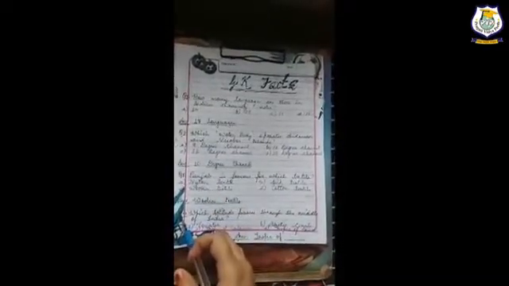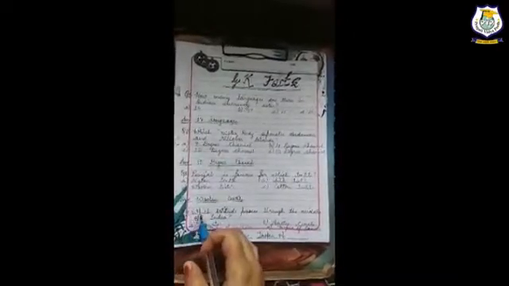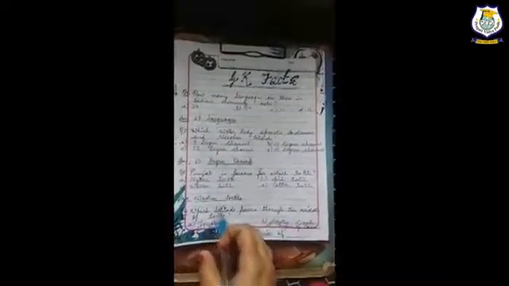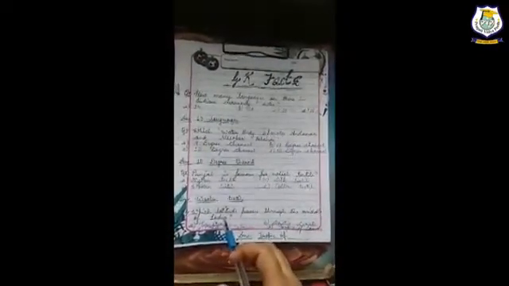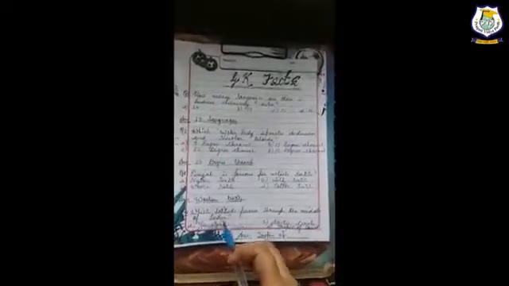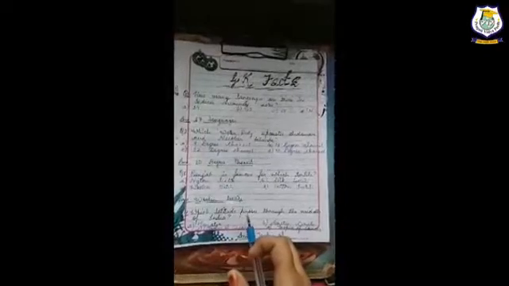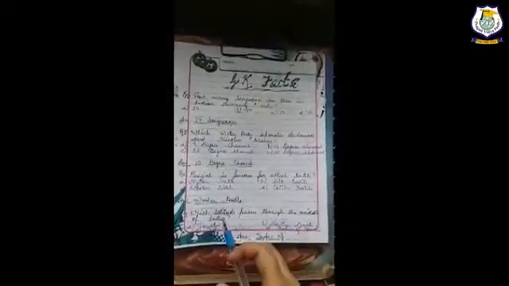Now we see our next question, that is, which latitude passes through the middle of India? I repeat, which latitude passes through the middle of India?